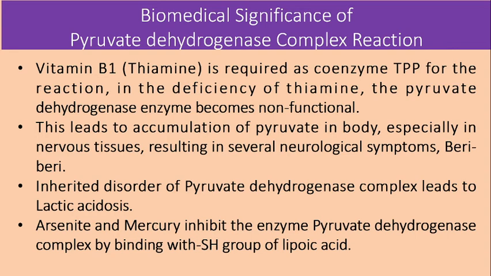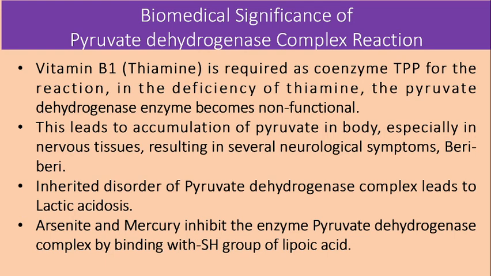Thiamine in the form of coenzyme TPP is required for pyruvate dehydrogenase complex, and as a result, when thiamine deficiency is there, the pyruvate dehydrogenase complex becomes non-functional. Because thiamine pyrophosphate is required for it, the oxidative decarboxylation of pyruvate gets impaired.